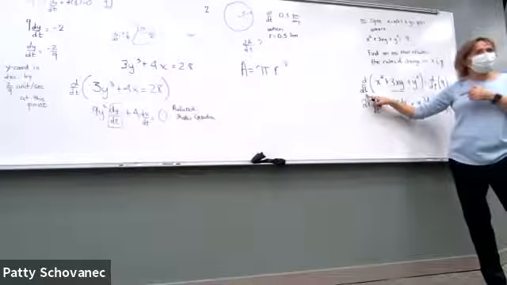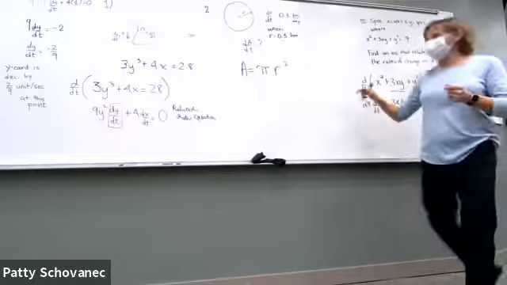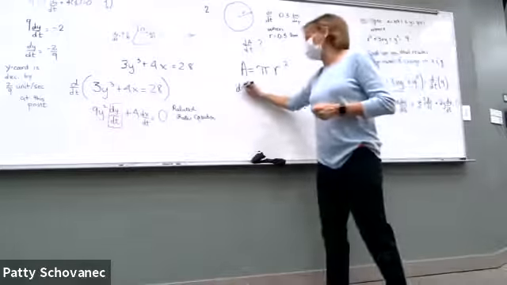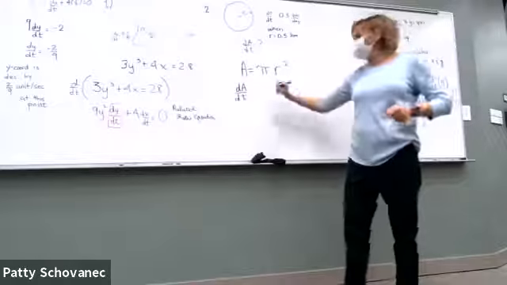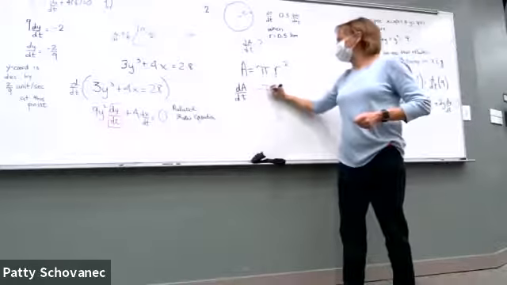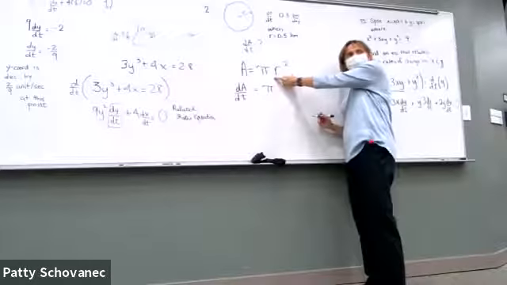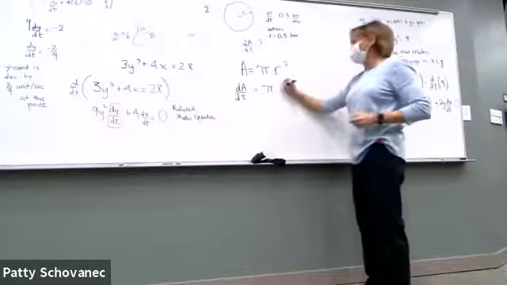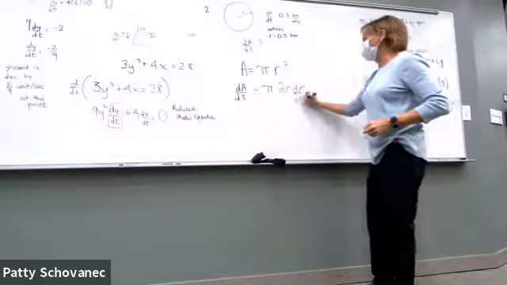We take the derivative of each of those terms. On the left side, we take the derivative of A with respect to t, and that's what we get, dA dt. Pi is a constant. We can factor it out. And now we're going to take the derivative of r squared. And what will we get? And there's our related rates equation.